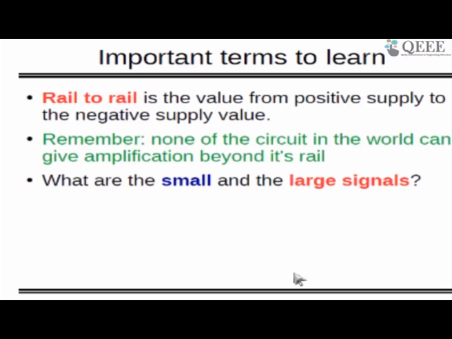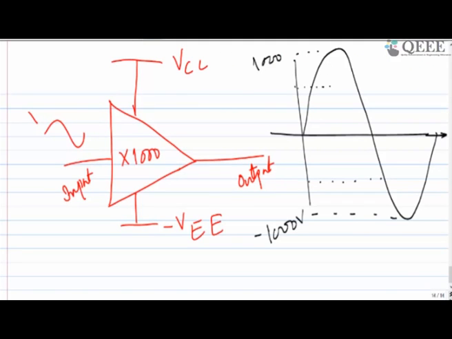The meaning of that is that you cannot go beyond the rail. Let's say this VCC is equal to 15 volt and VEE is equal to minus 15 volt. So you cannot go beyond this, and your output will look like this.